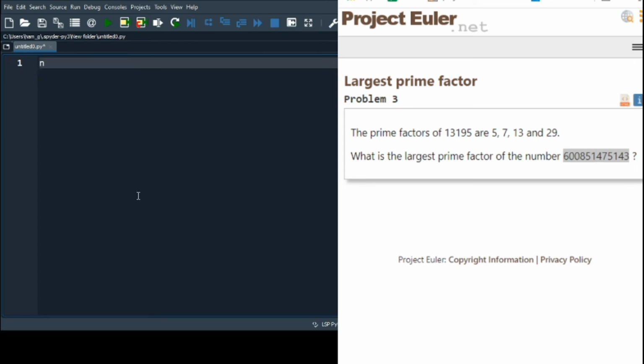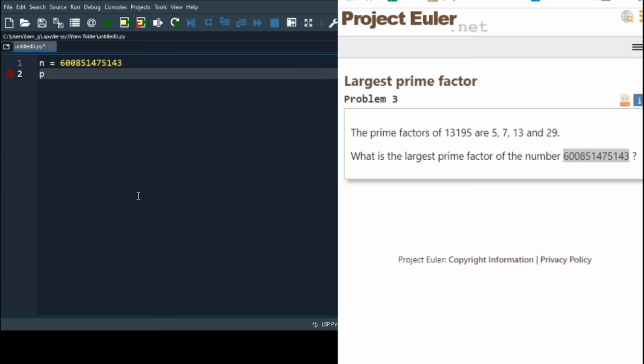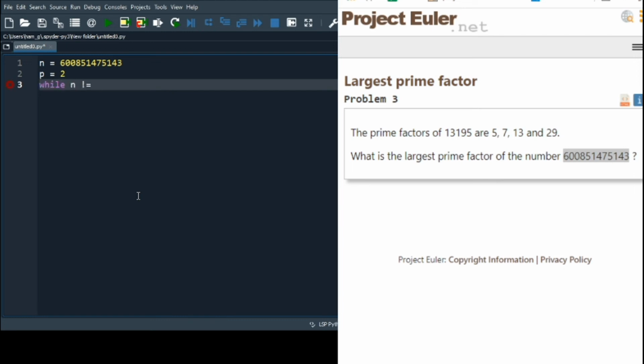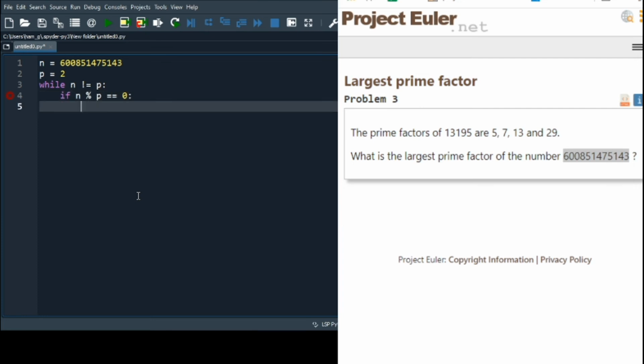So n equals that, p equals 2, while n is not equal to p. We simply do this. If n mod p is equal to 0, then what do we do? n divides by p.